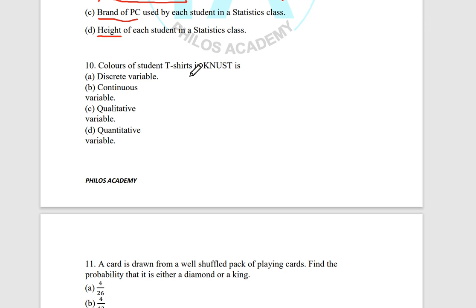So that makes it a qualitative variable. Discrete variable and continuous variable are in numbers, and they are both under quantitative variable. So the correct answer for question 10 is C. Okay, so let's proceed to question 11.